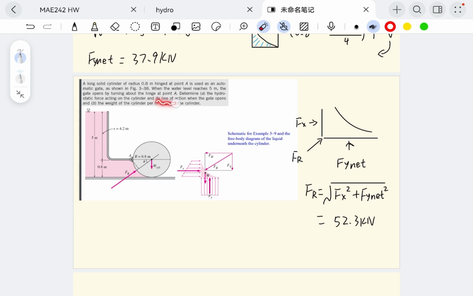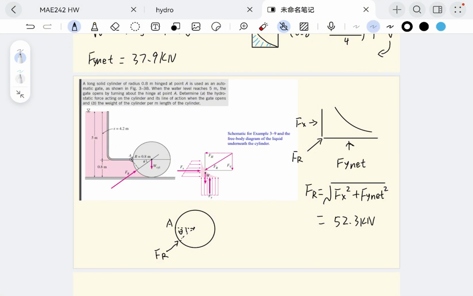We're also looking for the line of action of this force on the gate. For this evenly made perfect cylinder, whatever the resultant force that we have, whatever the location it has, it will be pointing to the centroid. This is A. So to define the line of action, we will just need to figure out theta of Fr, just like what we have on this graph.